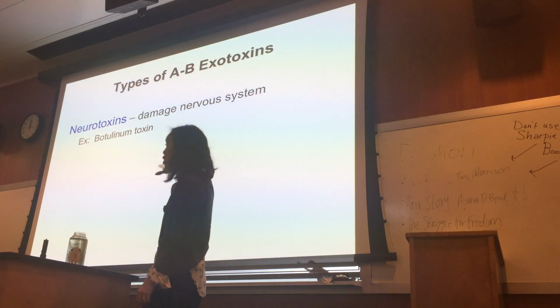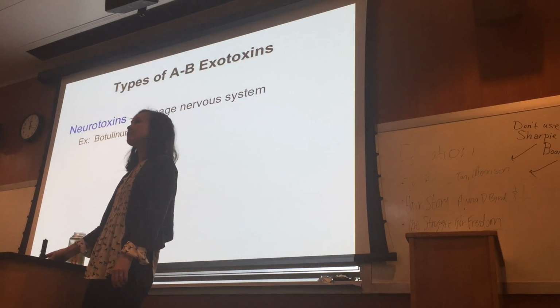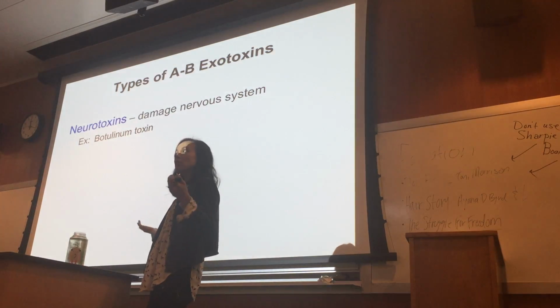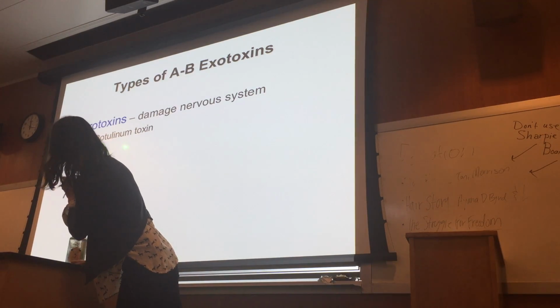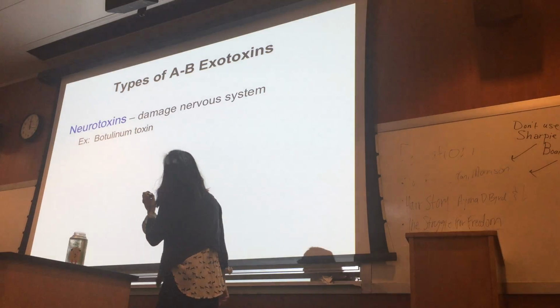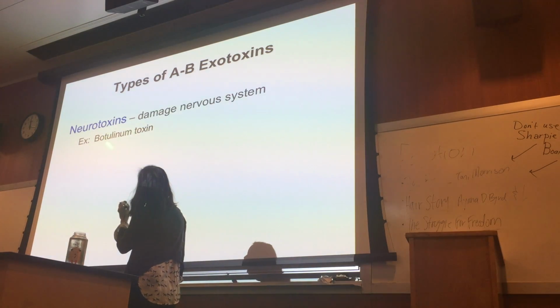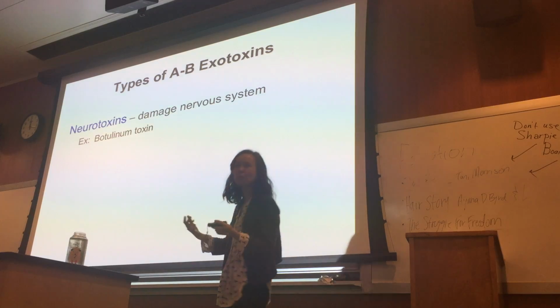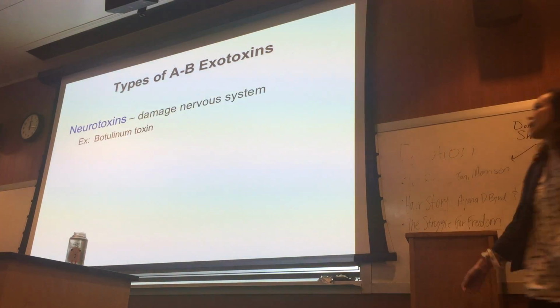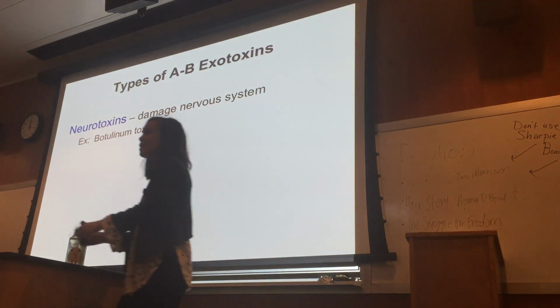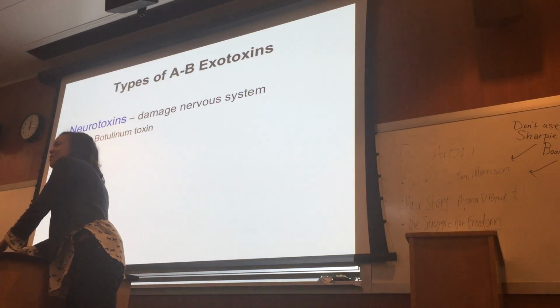A lot of times they cause a lot of damage. So tetanus is a good example, and botulism is another example. So botulinum toxin falls in this category. And you guys already told me before, we found a way to commercialize botulinum. How is it sold to people now? Botox, yeah.